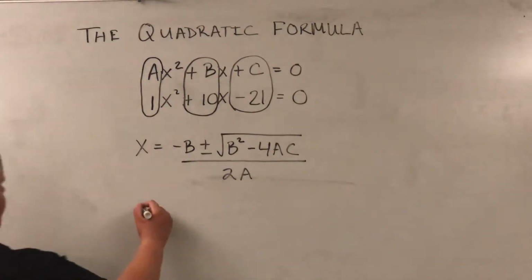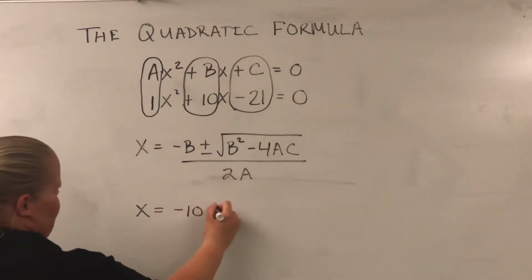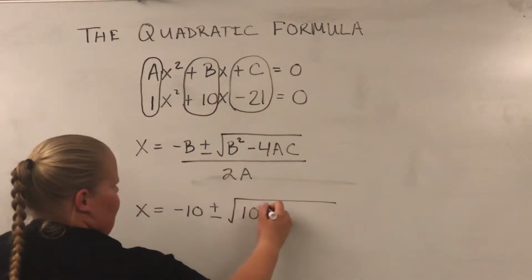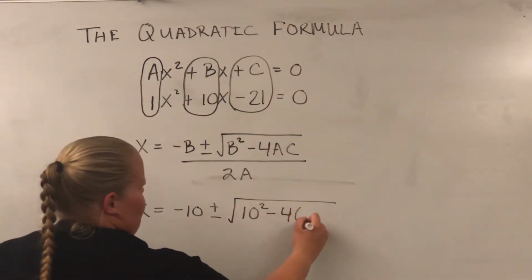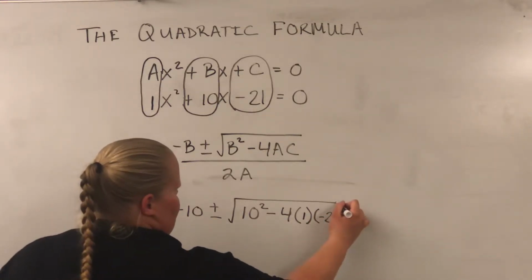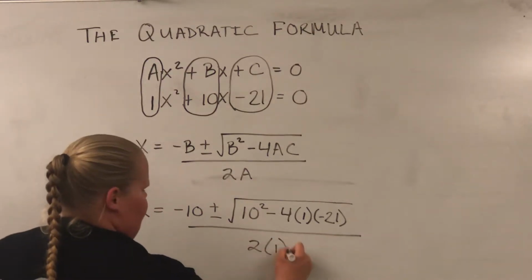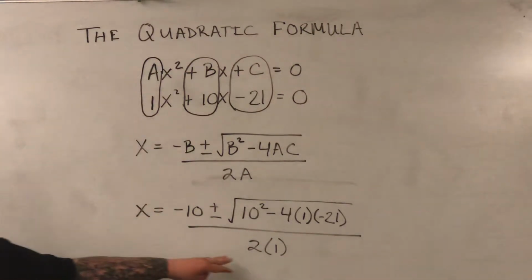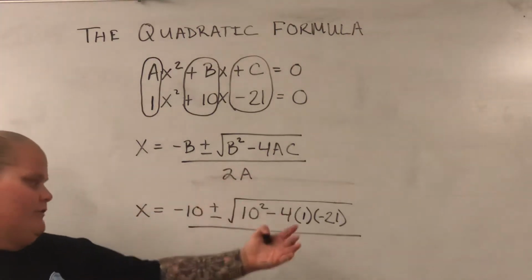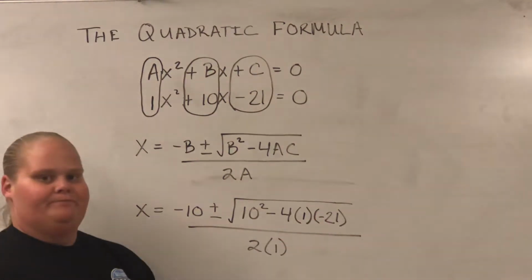So I have x equals negative 10 plus or minus the square root of 10 squared minus 4 times a times c, all over 2 times a. Now remember, a is 1. You still have to plug it in just so you keep everything squared away. C is negative. We have to keep that negative sign.